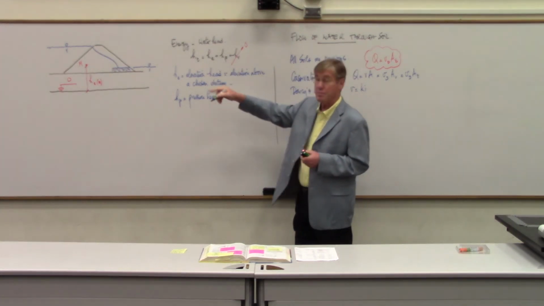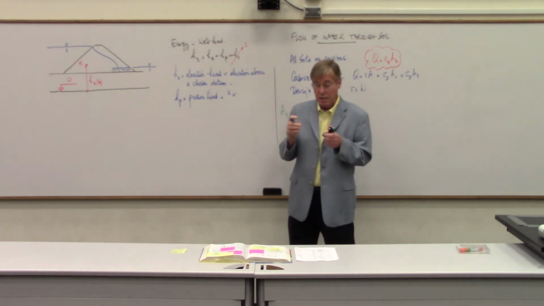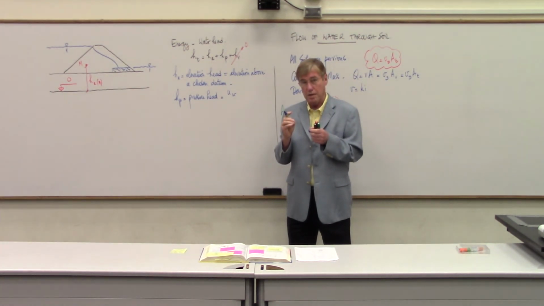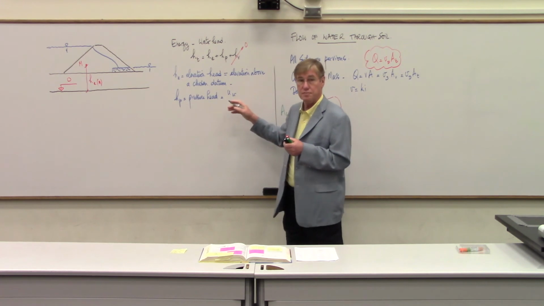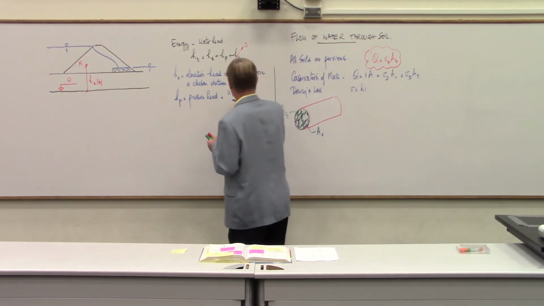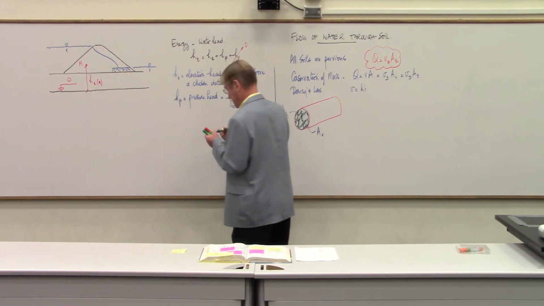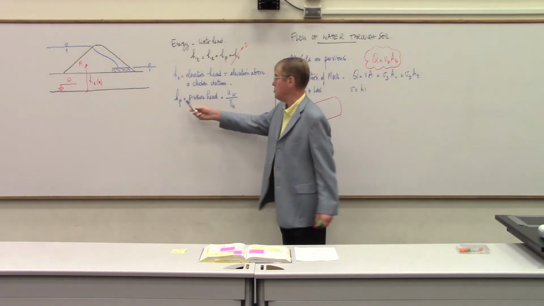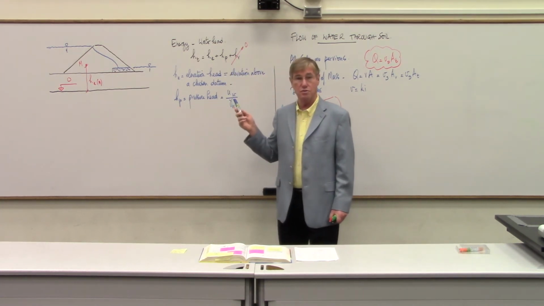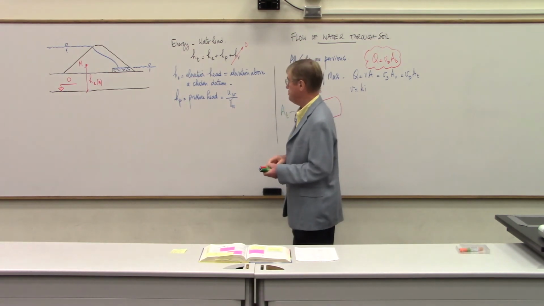So you're at M now. You're right in the middle of the dam, and there's water there, and the water is under pressure. That pressure, if you have a pressure gauge, you can measure it, and it gives you UW. The pressure head is UW divided by gamma W. So if you do HP times gamma W, that gives you UW.